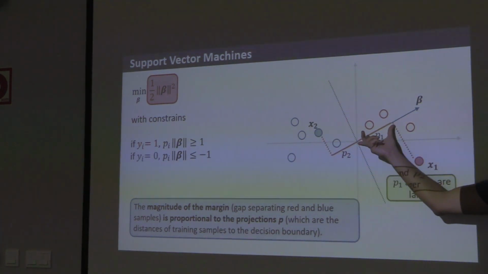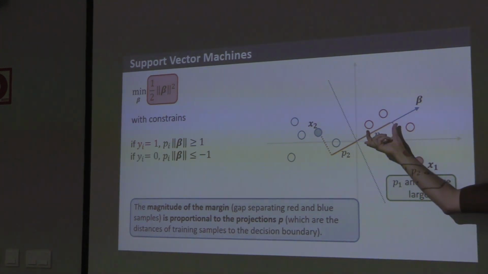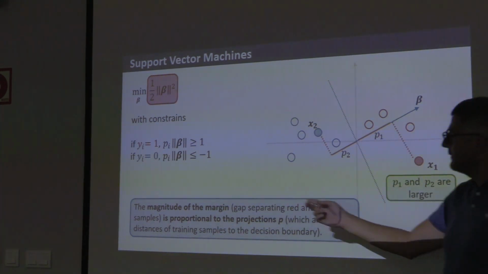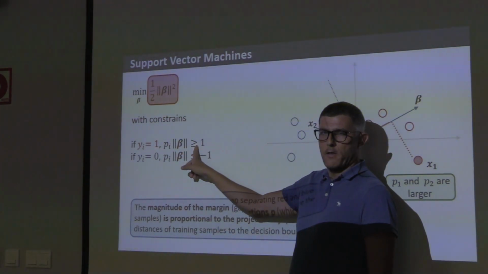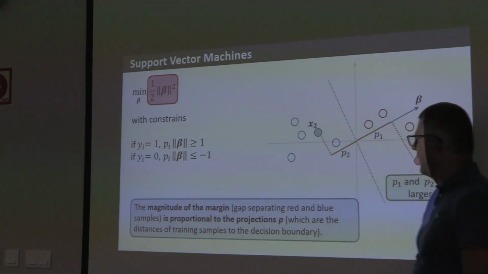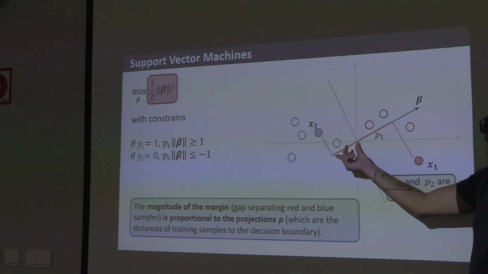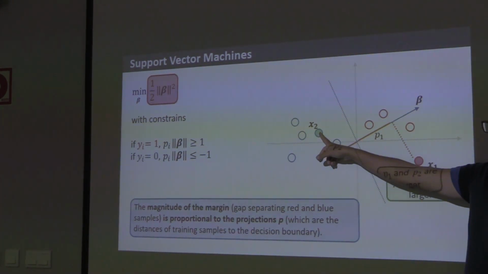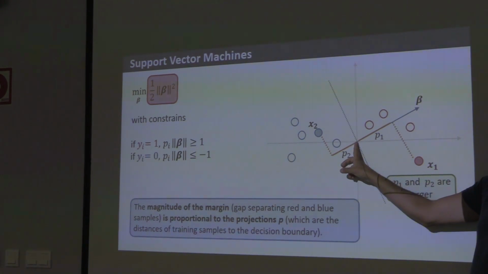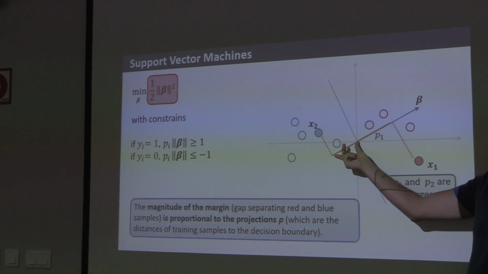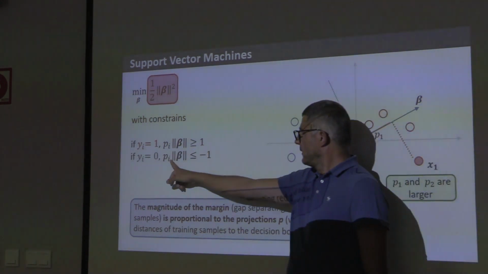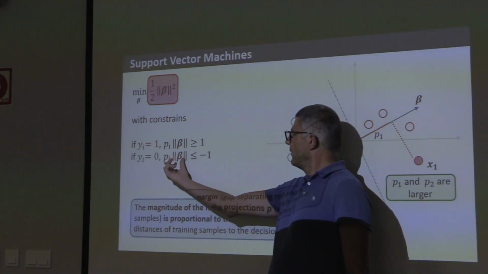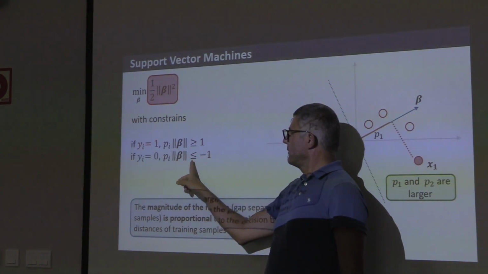This is the projection of this red sample on the coefficient vector, which is much higher than before. So that means that this is going to be higher than 1. Here, this is the projection of this sample on the vector of the coefficients. Again, this projection is higher than before, and negative. So, I'm in this situation.